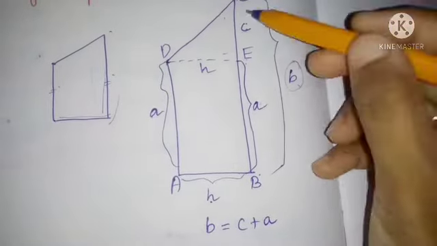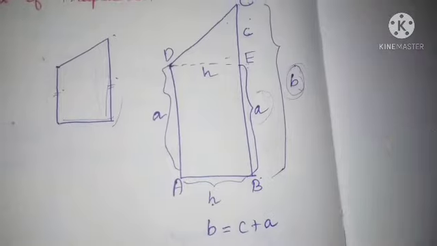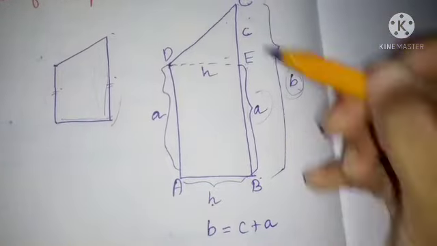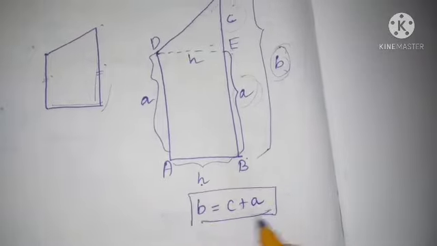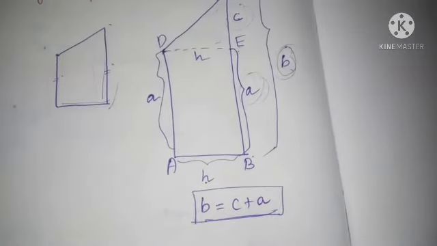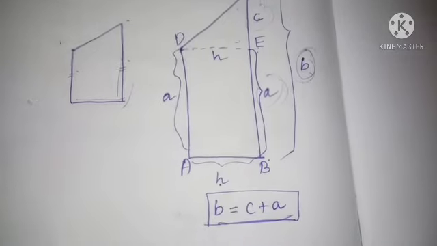B is equal to C plus A. B length is the total length that comprises C as well as A. Okay. So now we have denoted everything.